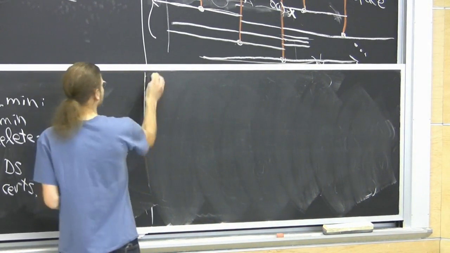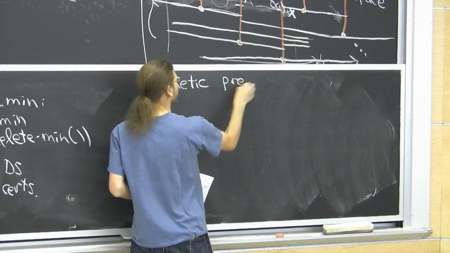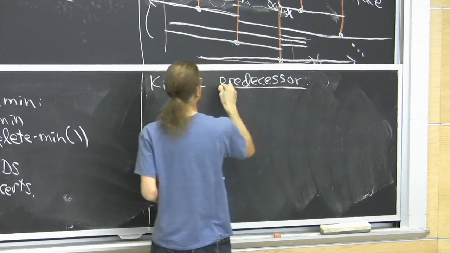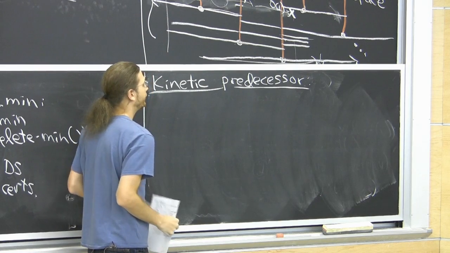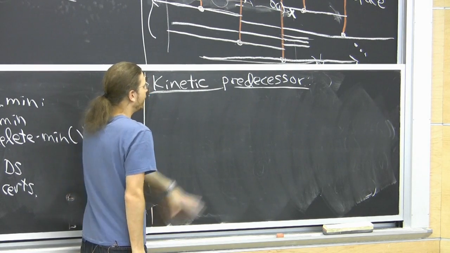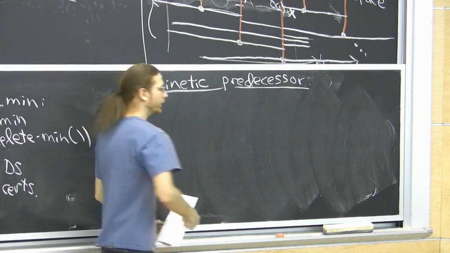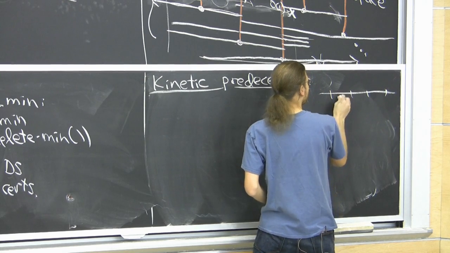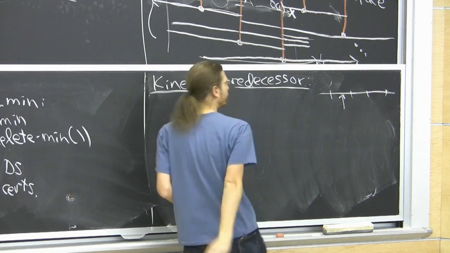So let's do a 1D problem. Simple one, the most basic problem, which is the predecessor problem. Insert, delete. We won't worry too much about insert and delete here. It's hard enough because the points are moving around. And predecessor and successor. So on the line, I have some points, they're moving. Now a query is: who's at the current time to the left and to the right of this query?